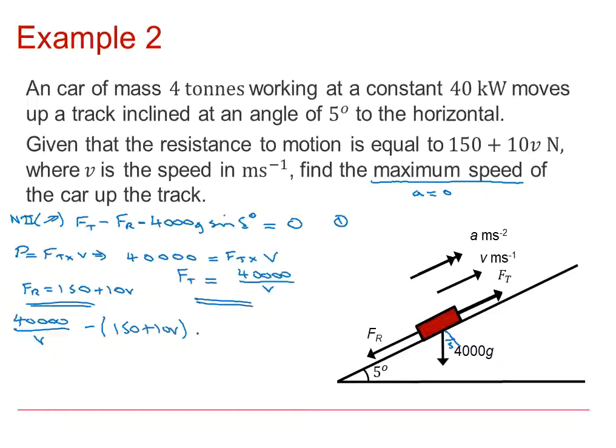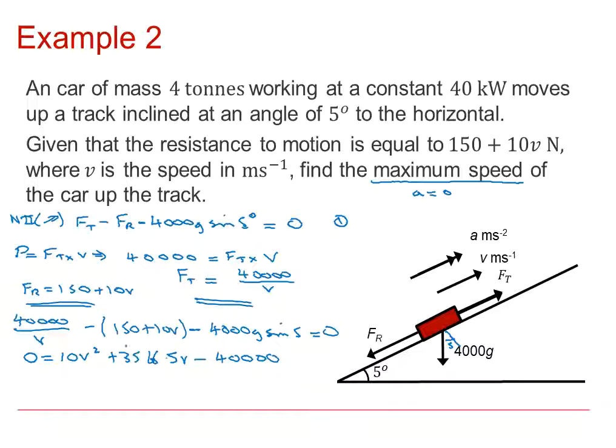And we've got minus 4000 g sine 5, must add up to 0. So if we multiply through by V at this stage and tidy up the terms, we will get 0 equals 10V squared plus 3566.5V minus 40,000.